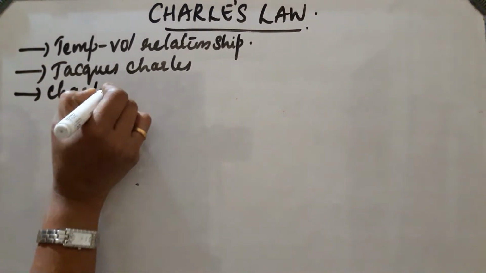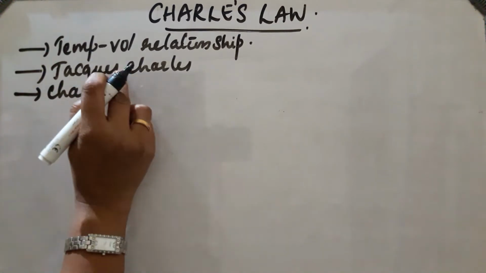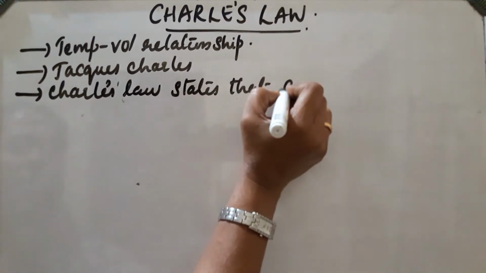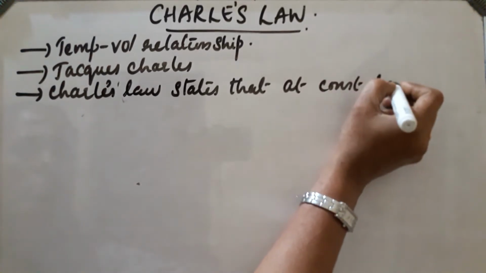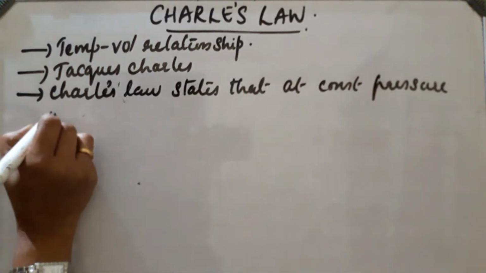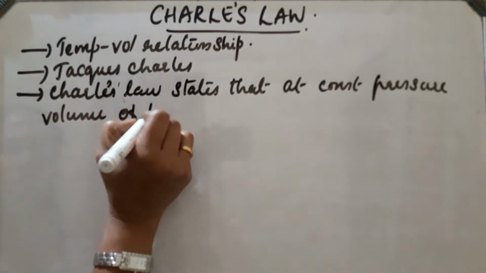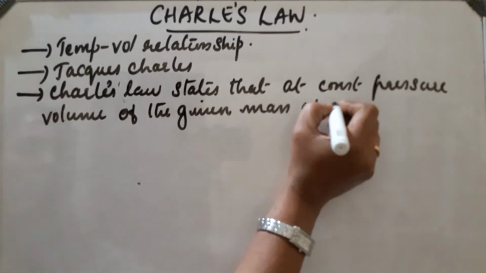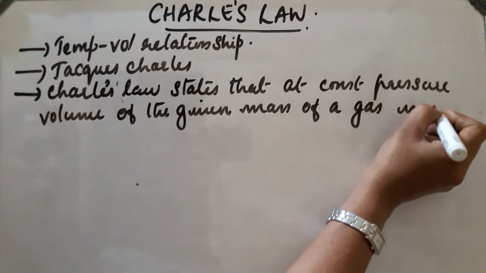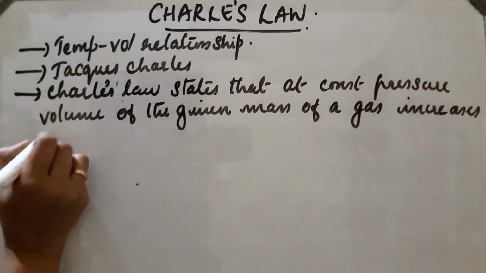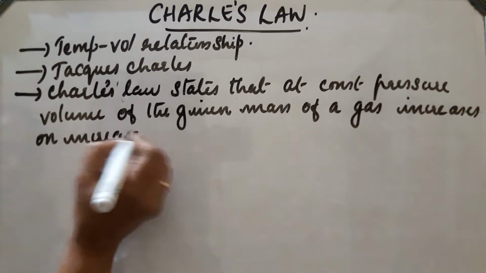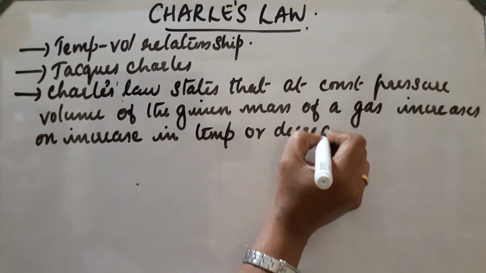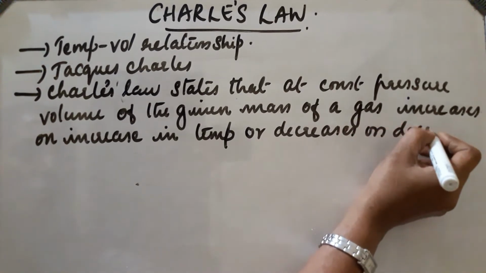Charles' law states that at constant pressure, the volume of the given mass of a gas increases on increase in temperature or decreases on decrease in temperature.